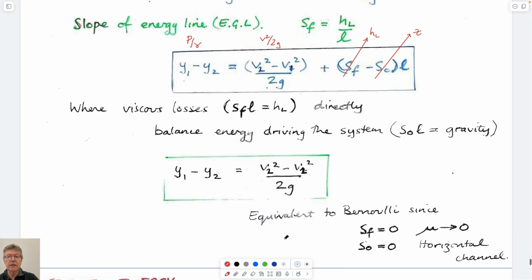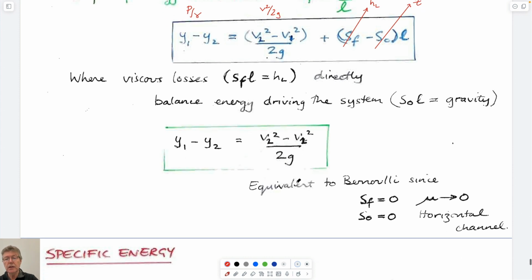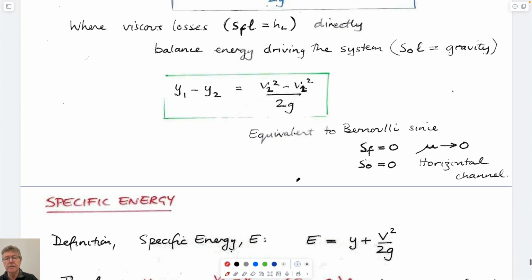And so if this term here is equal to 0, we can get rid of it. If the head loss is 0, such as it would be in Bernoulli, and if the bed is horizontal, then we would get rid of this term, because 0 minus 0 is 0, and we'd be left with this expression. And so this is just Bernoulli, written in the case that we don't have any losses.